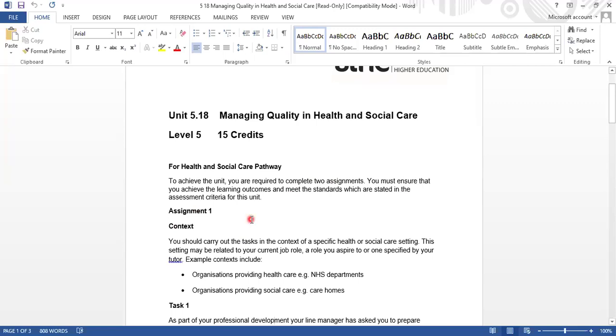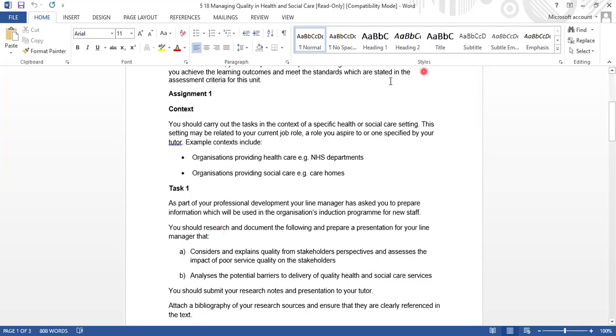Assignment 1 is that you should carry out the tasks in the context of a specific health or social care setting. This setting may be related to your current job, or the job that you are looking forward to joining, or one specified by your tutor. I'm not specifying anything, but it's always better to do something closer to you, so that it's more applicable to you.